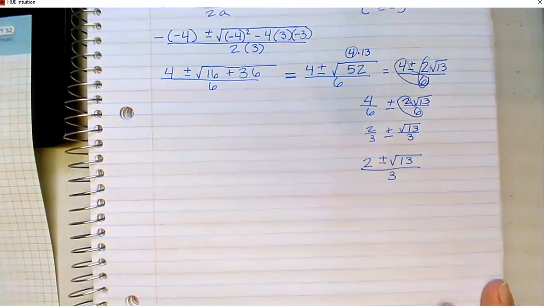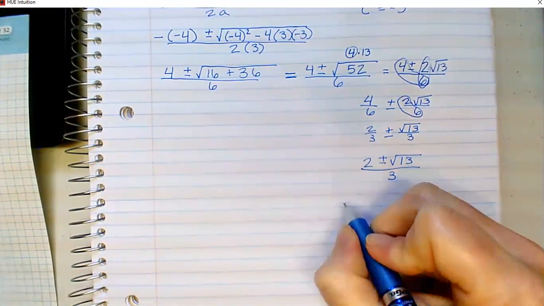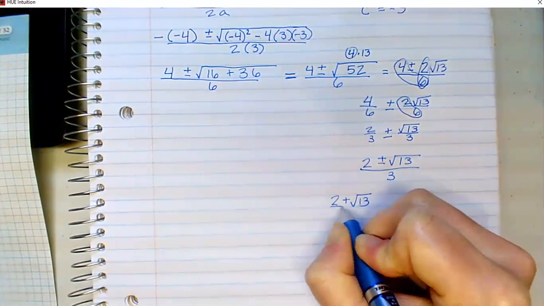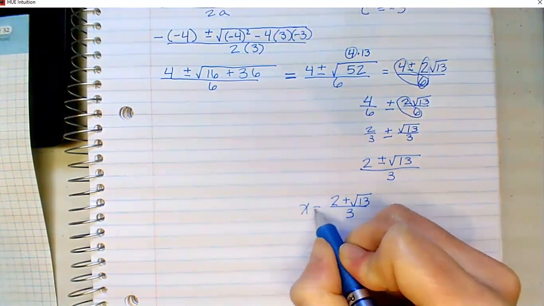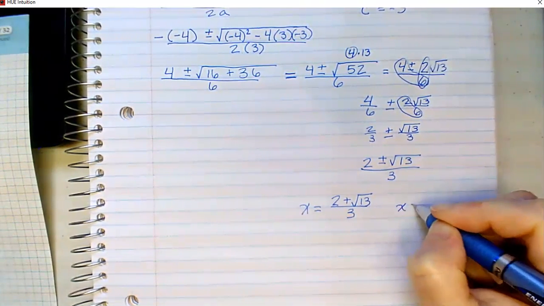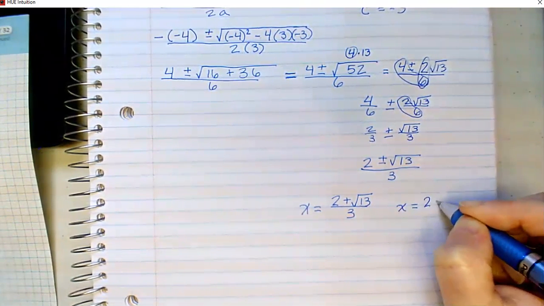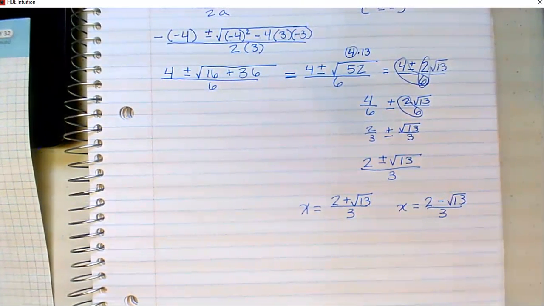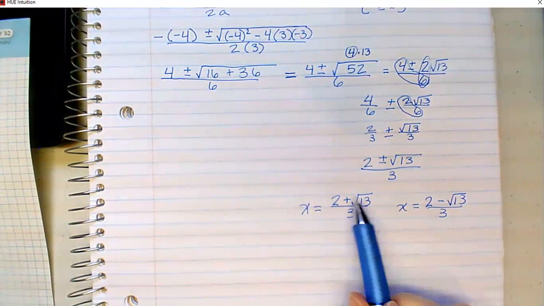Now, if you want to split that into two separate answers, you can. You could say I've got 2 plus the square root of 13 divided by 3. That's one of our x's. The other x would be 2 minus the square root of 13 divided by 3. Of course, you can plug those into your calculator. I'm going to pull up the calculator on my phone and plug this first one in.